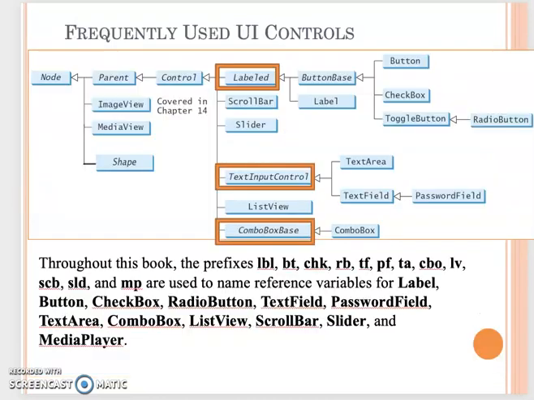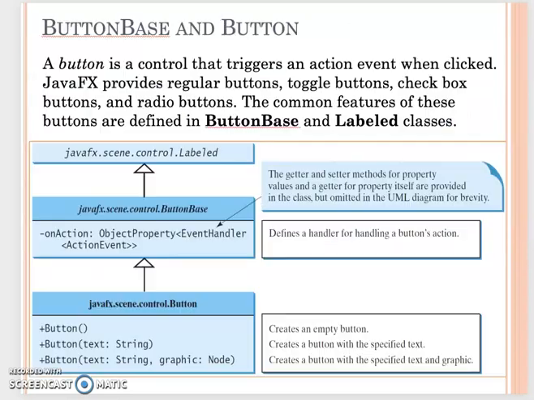Not only the button is inherited from the button base, but also the checkbox and the radio button. In the following example, we will show that. How you register an event handler on the checkbox or radio button is the same thing. We just need to do setOnAction, then we register our event handler. Of course, you can use the lambda expression on that.